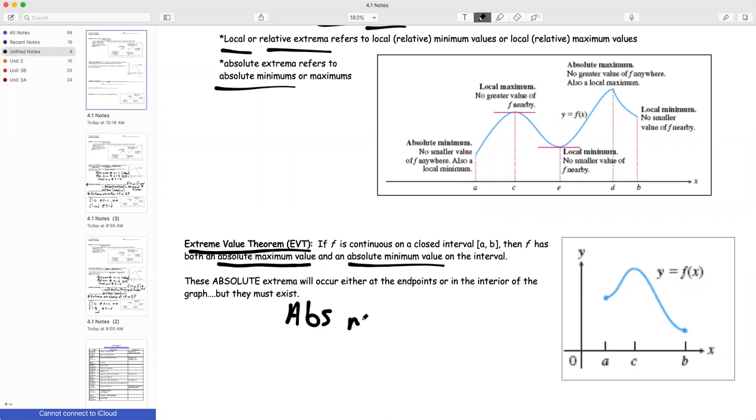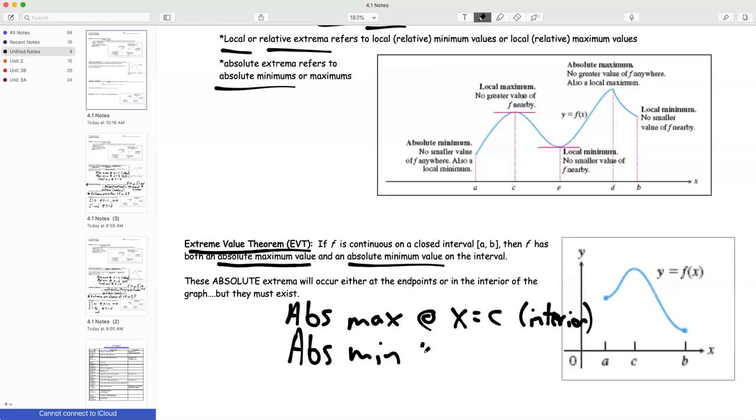So I've got absolute max is going to be at point C. So this is going to be at x is equal to C, which is in the interior. And my absolute minimum is going to be at x is equal to B, which is at the endpoint.